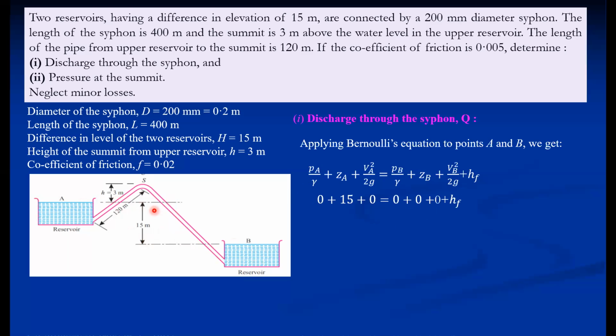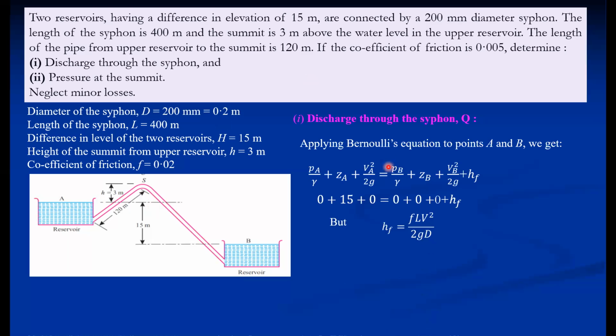One thing to remember: in flow through a pipe, if we neglect minor losses, the difference in level of two reservoirs is always HF. It's not necessary to apply Bernoulli's equation, so you can start with this.